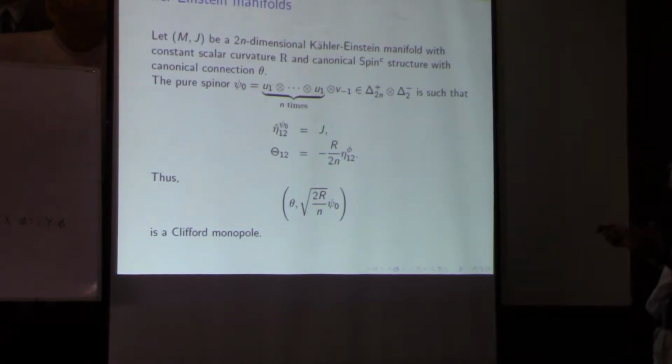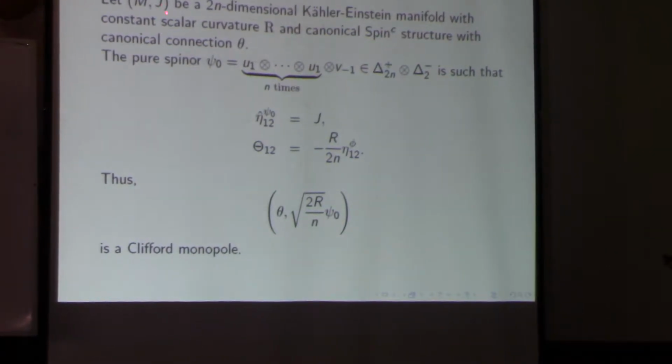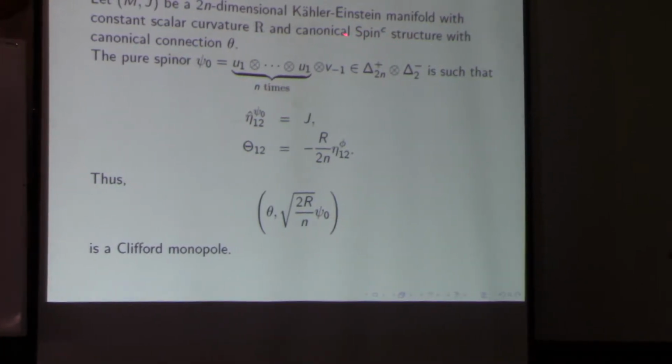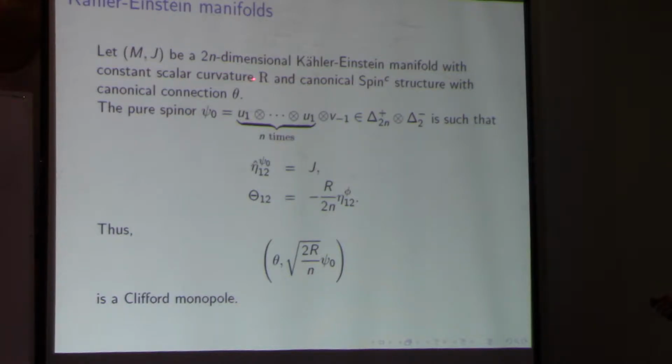Okay, so when you have a two-n-dimensional, now I'm going to particularize, you have a two-n-dimensional Kähler-Einstein manifold with a J which is parallel. You have, because I said it's Einstein, you have constant scalar curvature. You have a canonical spin-C structure given by the canonical bundle, which inherits a connection from the Levi-Civita connection, theta.